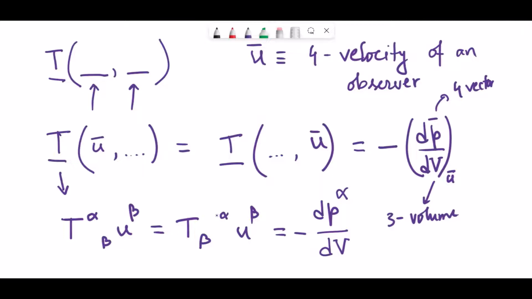Now, I have to be honest with you. This is what's been written in the book, and the book that I've been following has been written by Misner, Thorne, and the great physicist Wheeler. They have been consistent in a lot of the cases, and in some places there is a bit of inconsistency, which is not major, by the way. The content is still correct, but this is just to be very, very precise.